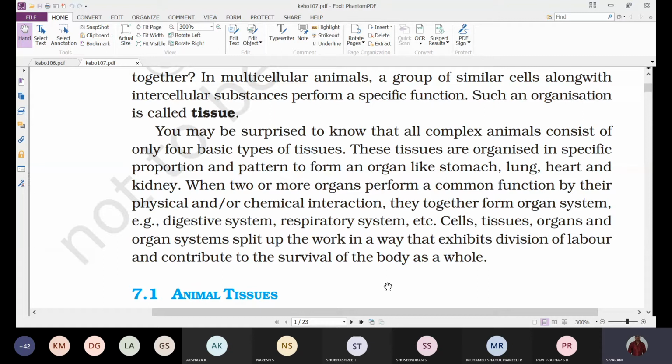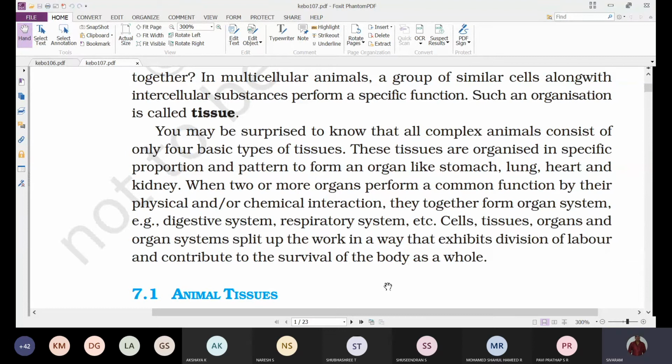These tissues are organized in proportion and pattern to form an organ like stomach, lung, heart, and kidney.